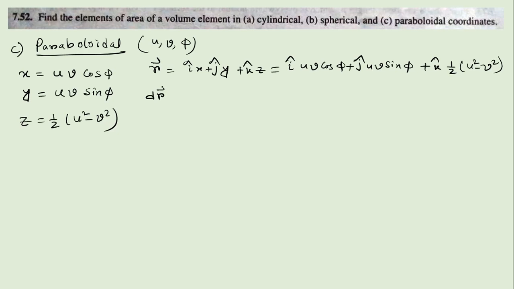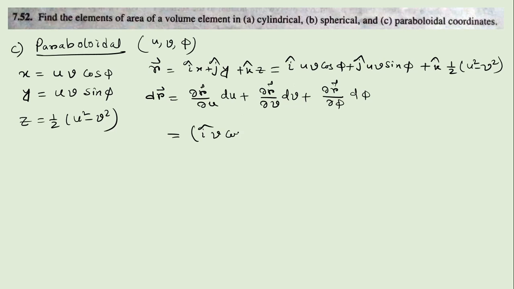Then what is the value of dr vector? This is nothing but del r by del u du plus del r by del v dv plus del r by del phi d phi. Taking the derivative with respect to u, you will get i cap v cos phi plus j cap v sin phi plus k cap u du, right?